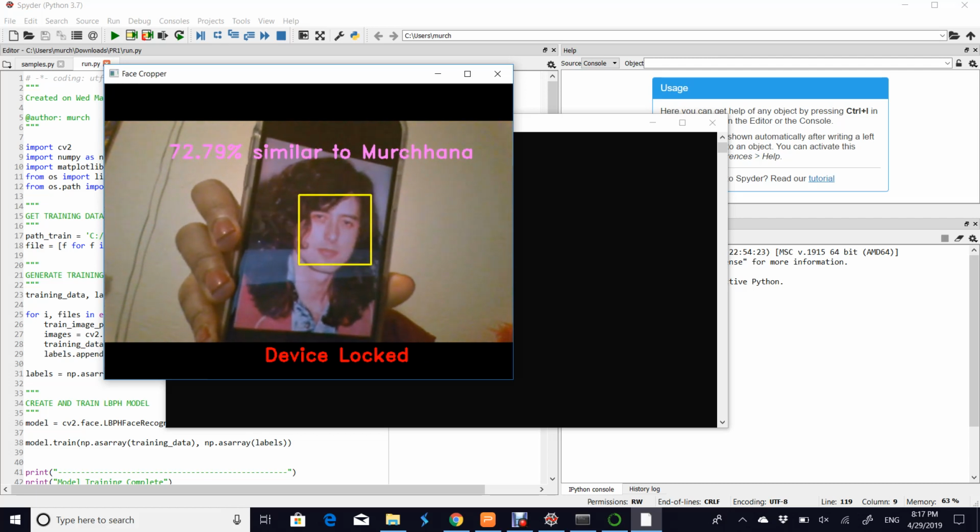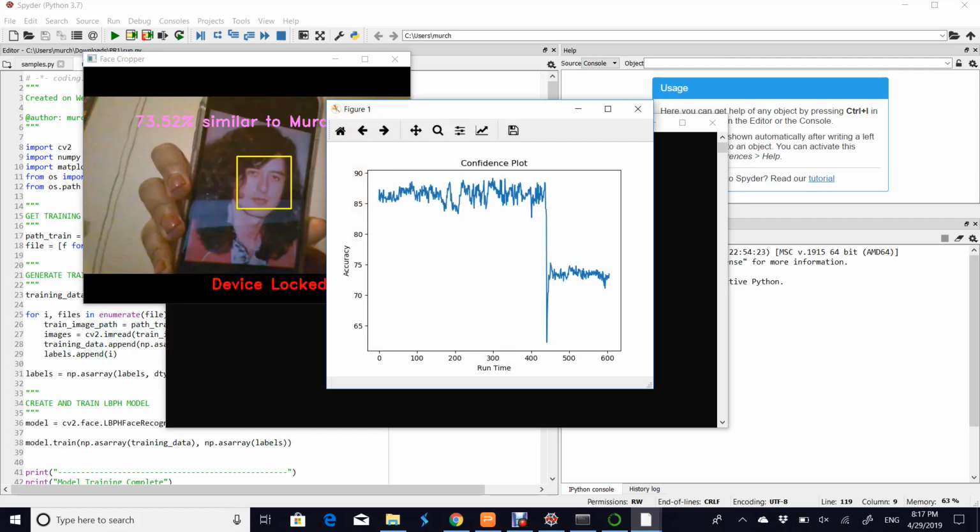I'm moving my hand, so it's wobbling a bit, but there you can see that the initial accuracy is really high, as you can see above, and it's able to detect my face and recognize my face. However, here you can see that the accuracy dropped drastically, and it's in the 70s range when faced with an unknown person.